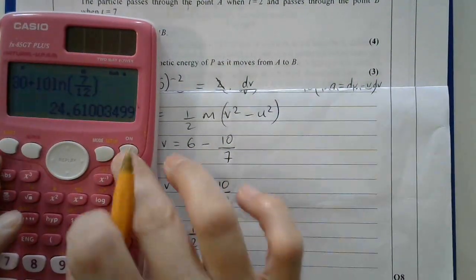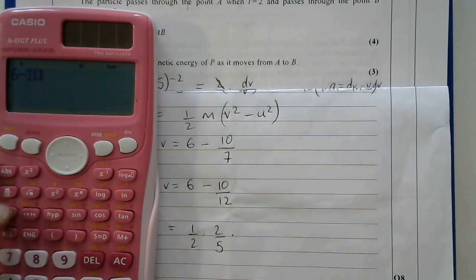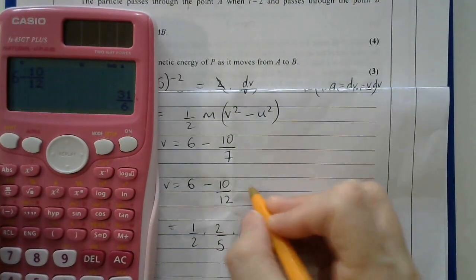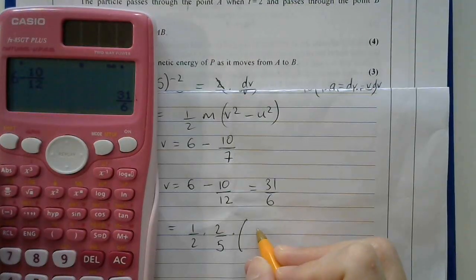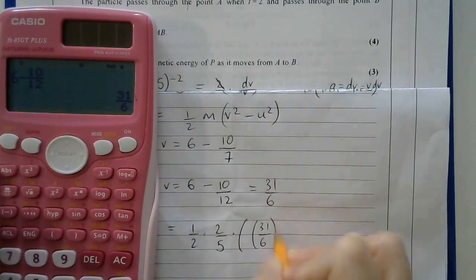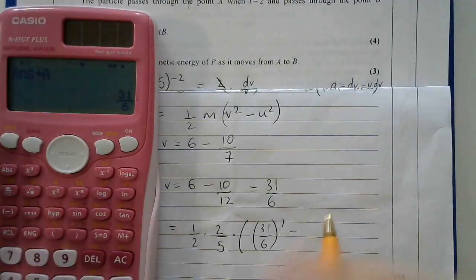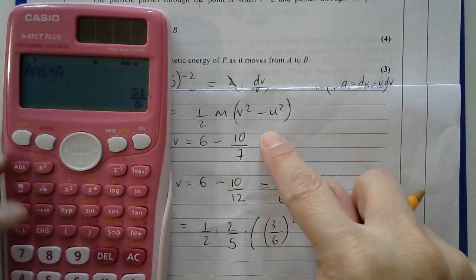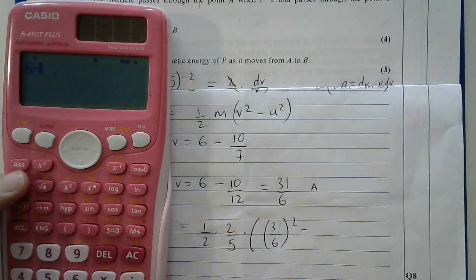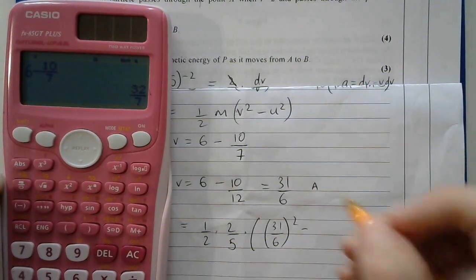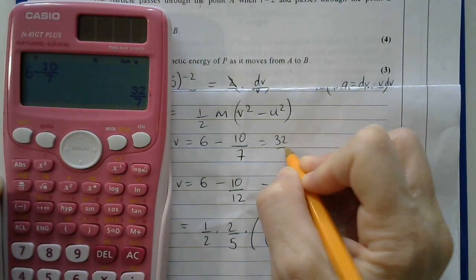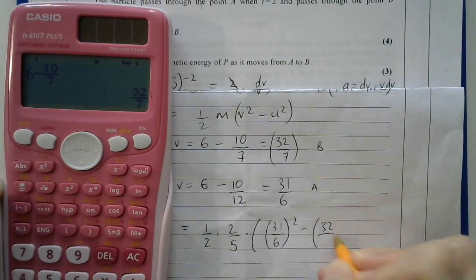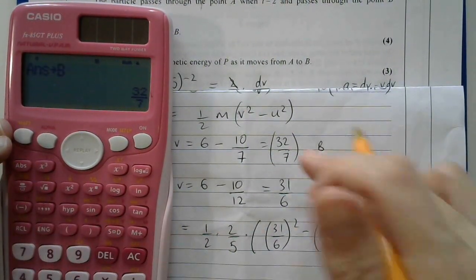So if I do 6 minus 10 over 12, then I get the speed at the end, which is 31 over 6, so I need to square that. And I'm just going to store that in my memory A. If I work out the initial speed, that was 6 minus 10 over 7, and that gives me 32 over 7. And I'll store that one in B.